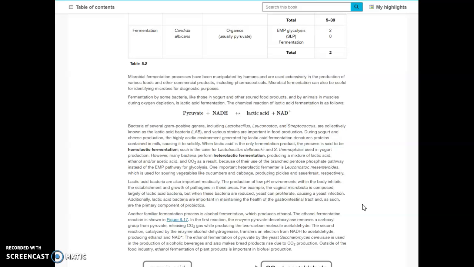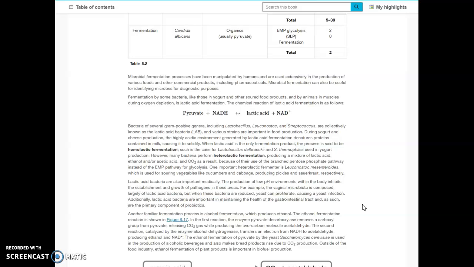But lactic acid fermentation also occurs in animals, in muscle cells. In the last video, I mentioned that if oxygen is not available or if we run out of oxygen, then we switch to anaerobic respiration. But we can also switch over to this fermentation pathway. And in the fermentation pathway, we produce lactic acid as a waste product, and that's what makes our muscles sore after we've done some extensive exercise.